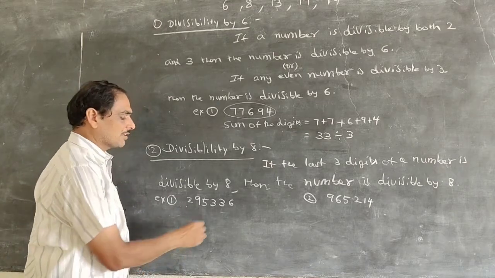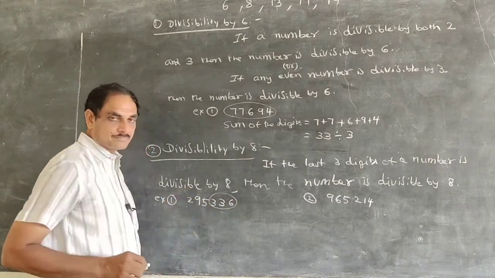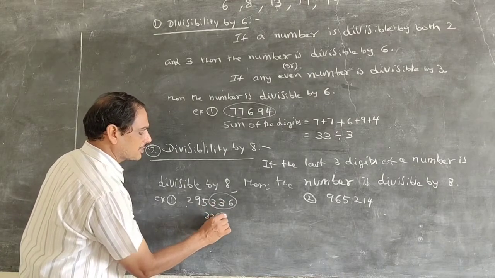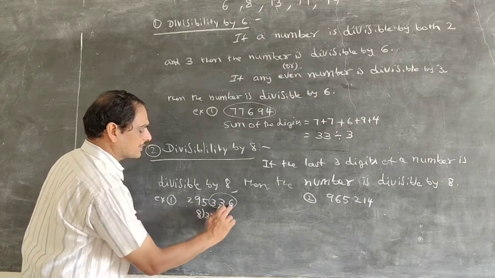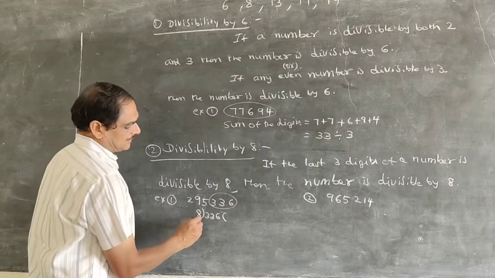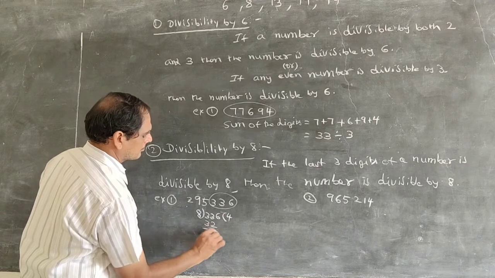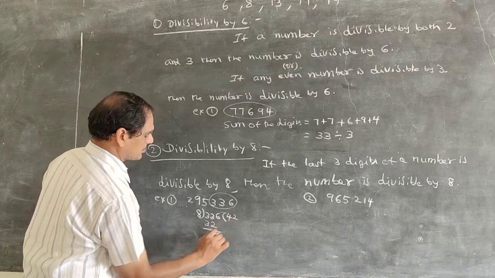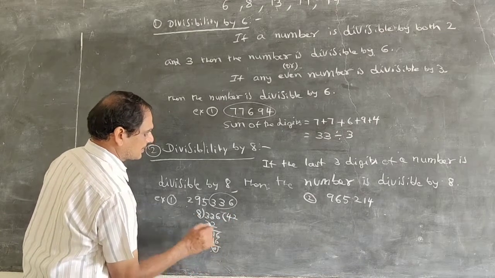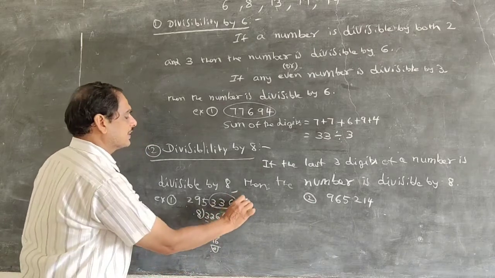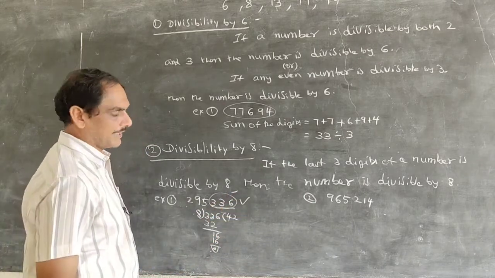In the first number, the last three digits are 336. If it is divisible by 8, then we say that the number is divisible by 8. 8 fours are 32, 8 twos are 16. So the last three digits of the number are divisible by 8, and we say that this number is divisible by 8.